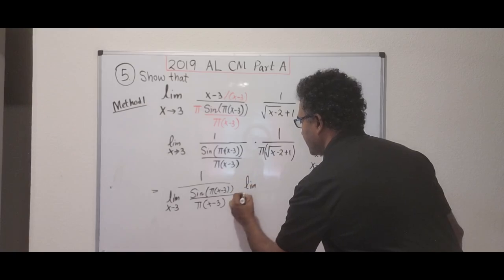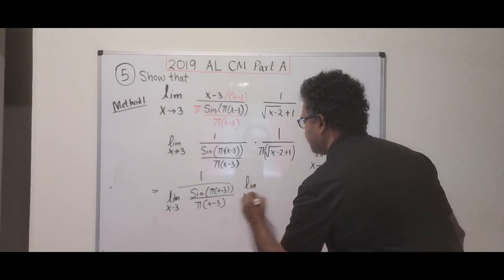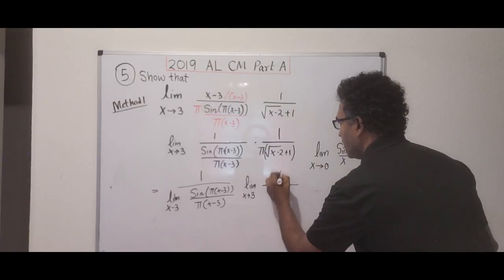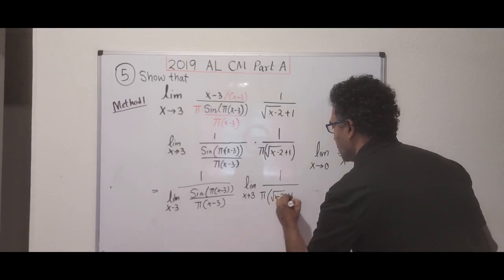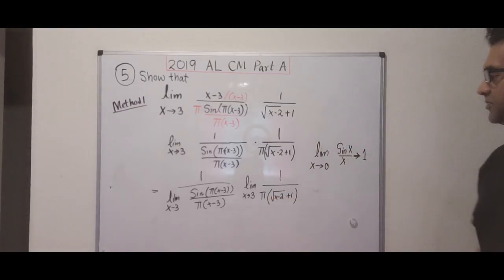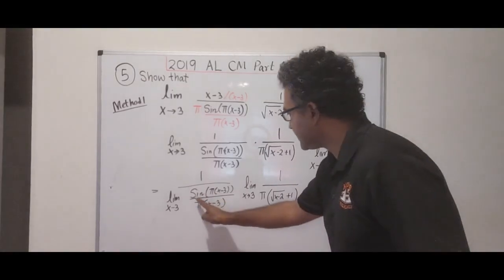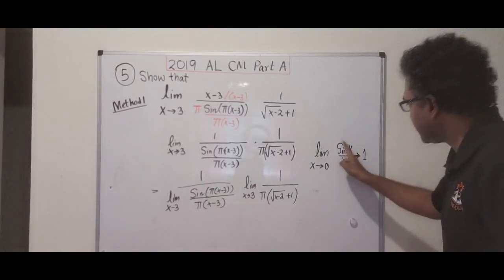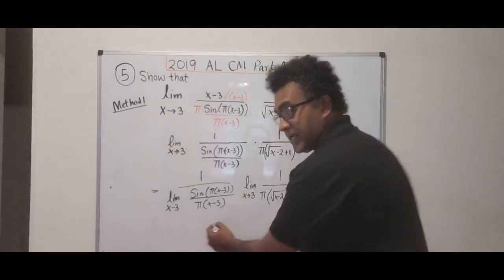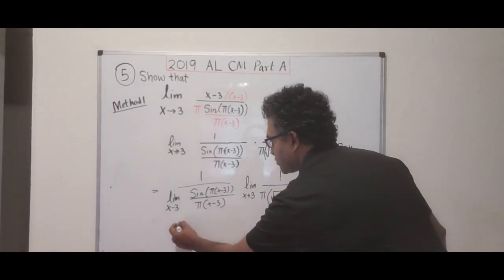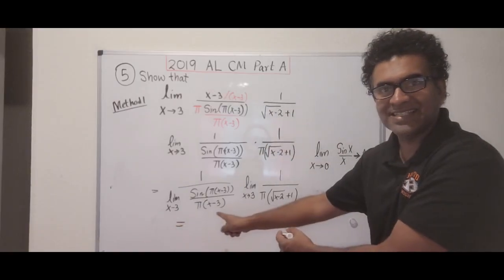Limit as x goes to 3 of 1 over pi times square root of x minus 2 plus 1. Then I'm going to substitute the limits. You can see this is similar to this one, so that's going to be just 1.